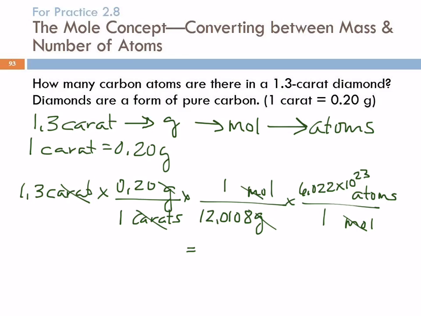And how many sig figs should this have? 2. This is our final answer. I'm going to round it right now. 1.3 times 10 to the 22 atoms.